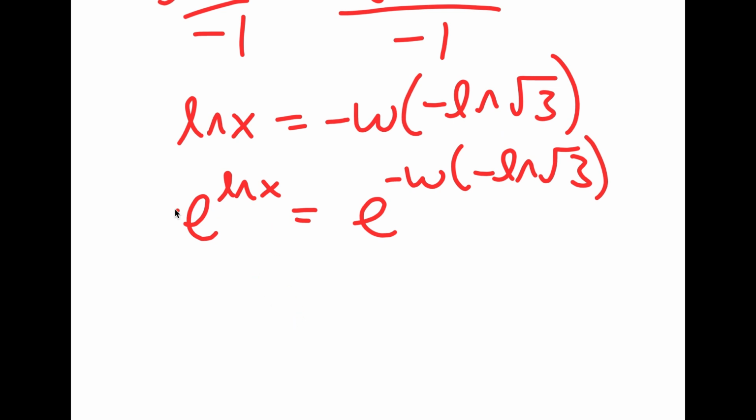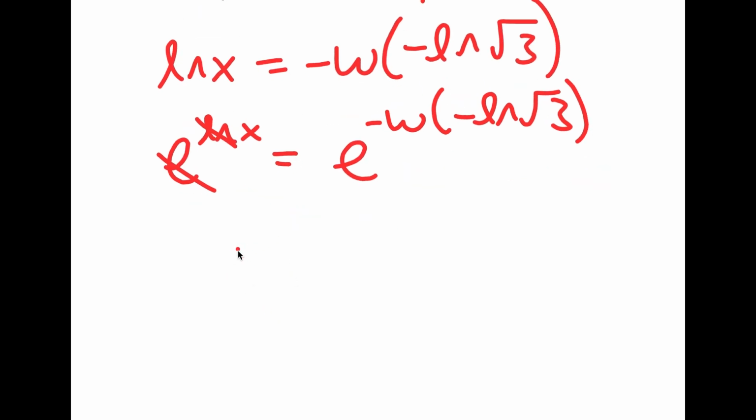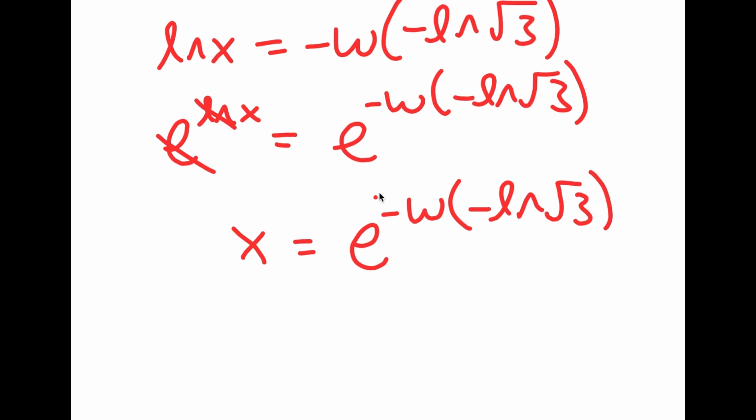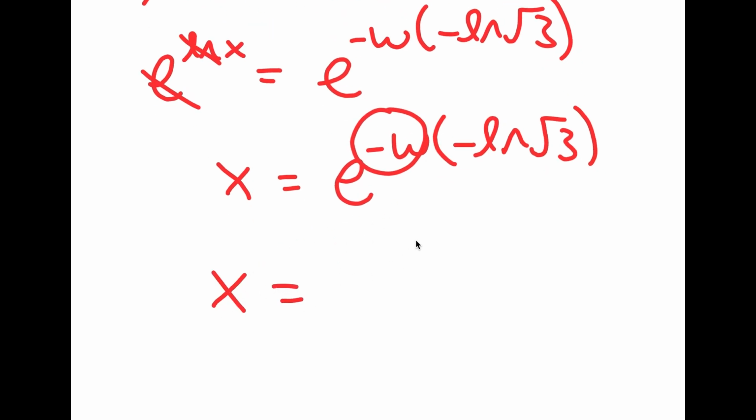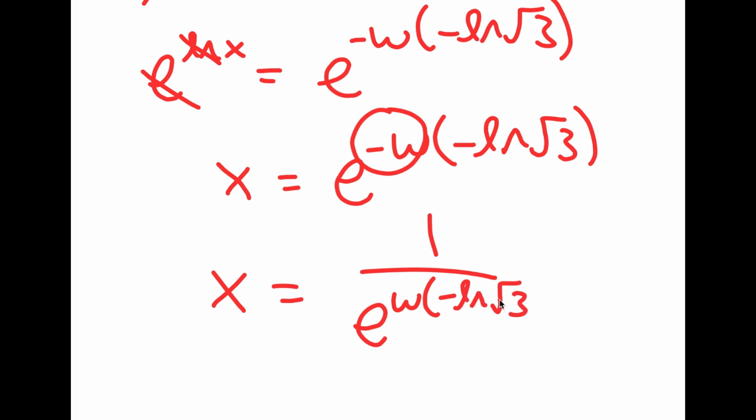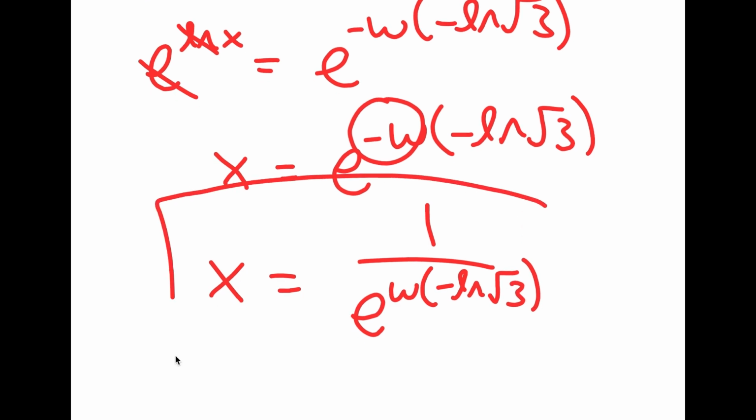So I'm going to have x is equal to e to the power of negative W of negative ln root 3. And because I have a negative exponent here, this is the same thing as 1 over e to the power positive W of negative ln root 3. So this is my answer.